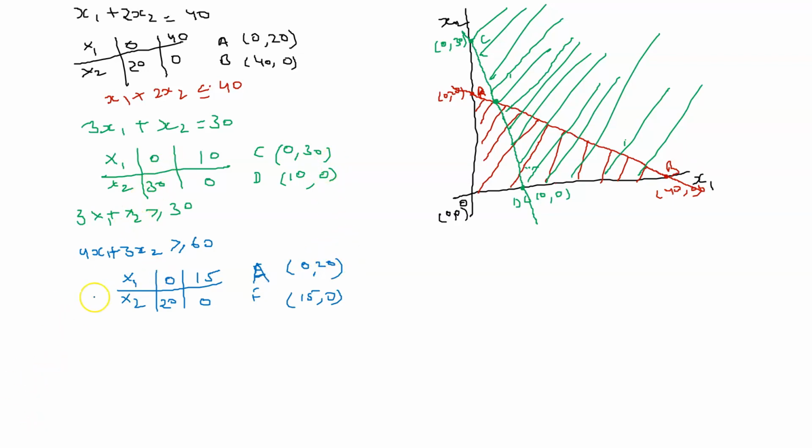So this is our point A with the coordinates 0, 20, and we have point F at 15, 0. Let's take 15 somewhere here, and point F with coordinates 15, 0. Now let's join these 2 points.